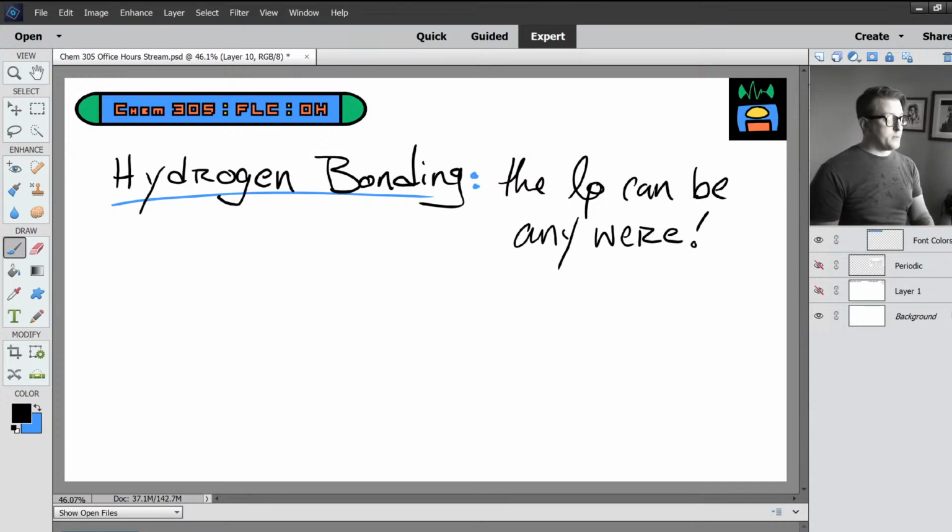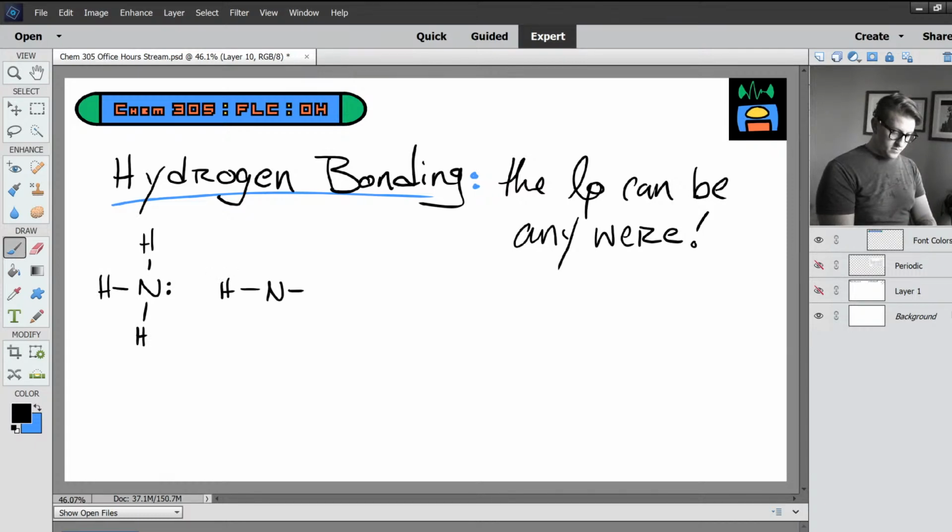For example, it could be on the central atom, like as it is with ammonia. So here, the lone pair for the hydrogen bonding pair of molecules is on the central atom.